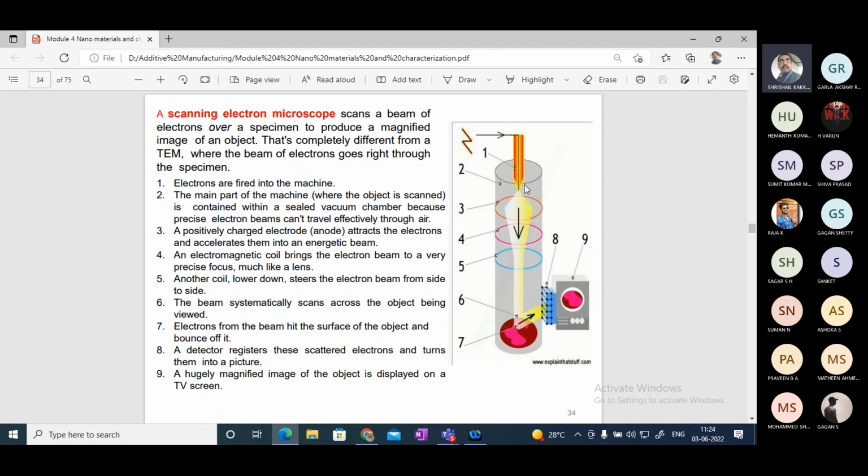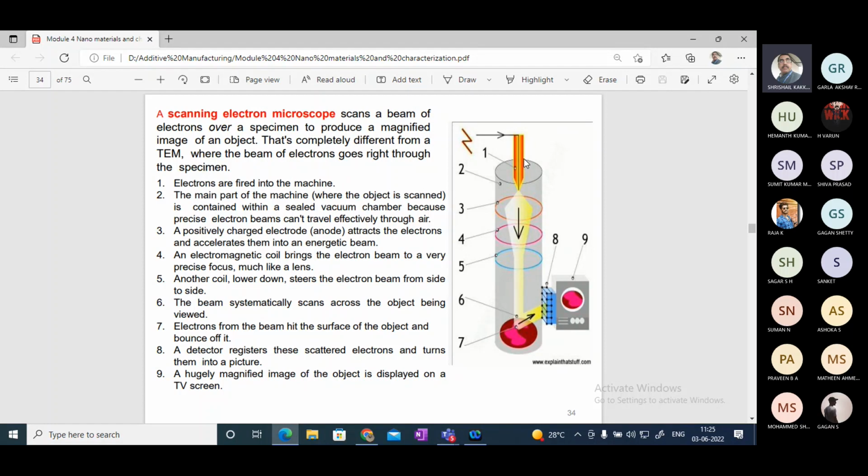And this one, you can see, is an electron gun, which will be called the anode, sorry, the cathode. Okay, and the electrons will be fired from here.